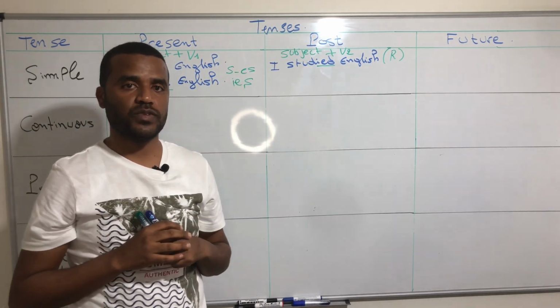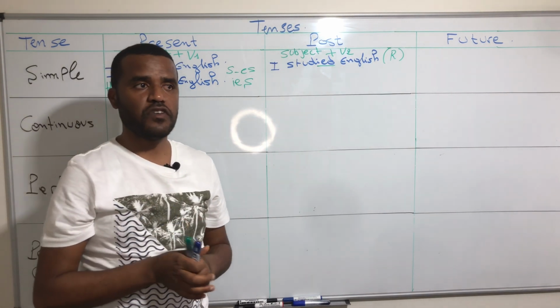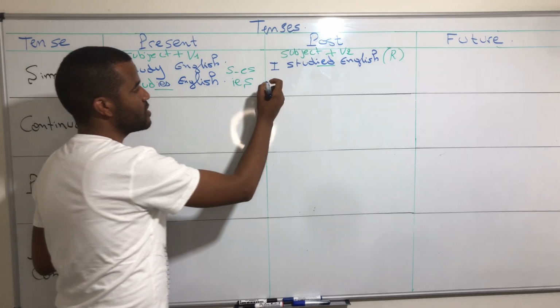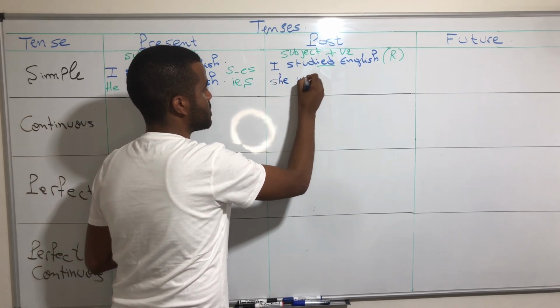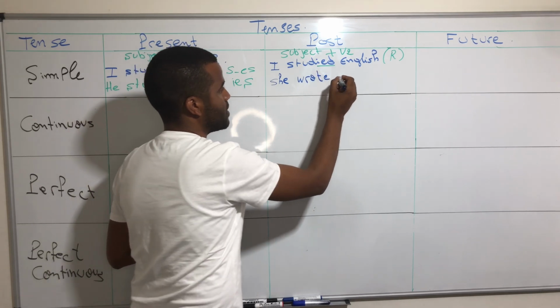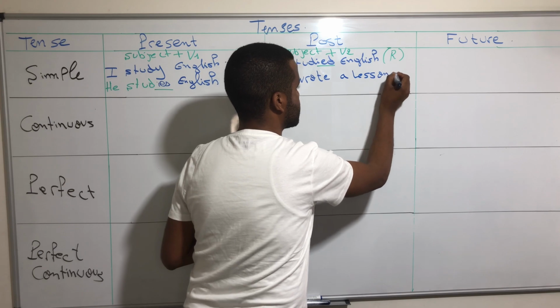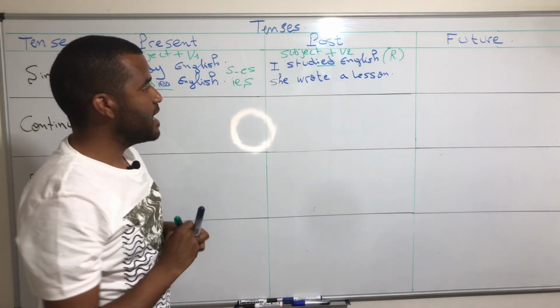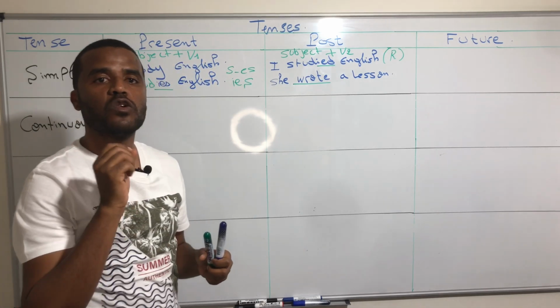Concerning irregular verbs, we can say, for example, she wrote a lesson. We have the verb write in the past, wrote.